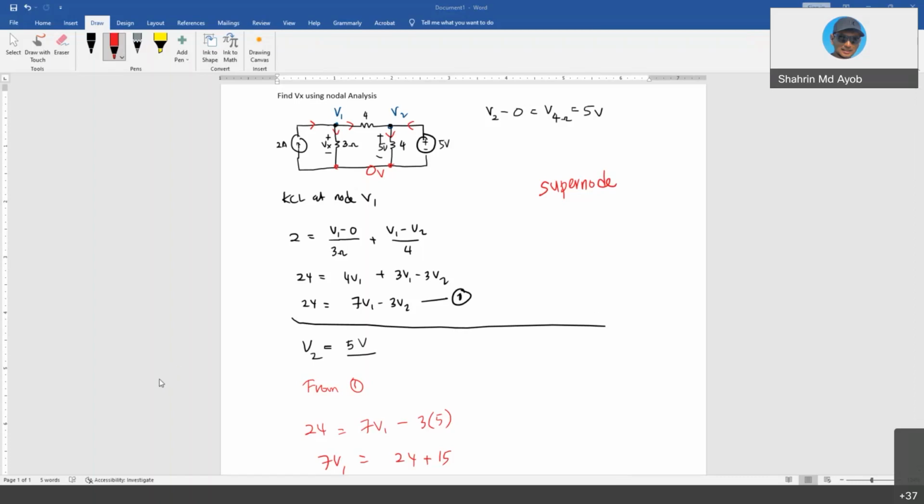Okay, so I have already posted the examples of nodal analysis. We have 3 examples there. Maybe you can download it first and then open up the nodal one.